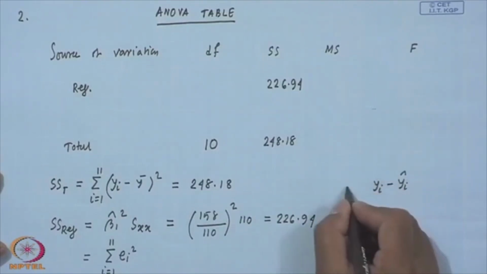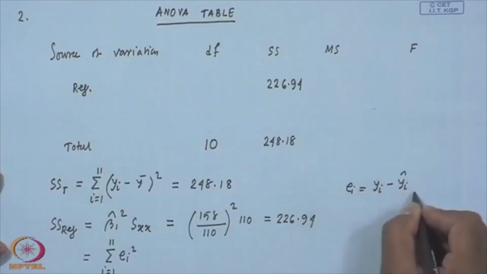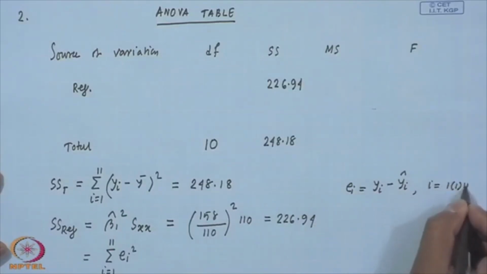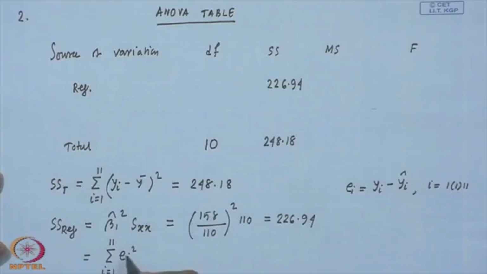So, you can compute e i for i equal to 1 to 11, but you don't have the freedom of choosing all the e i's independently, because there are two constraints on e i.